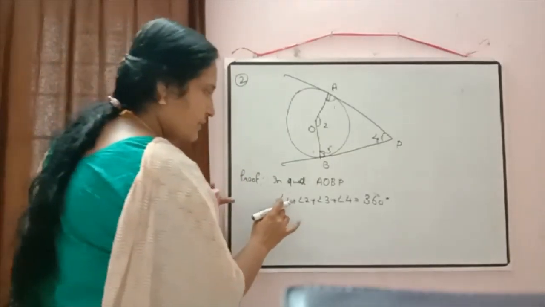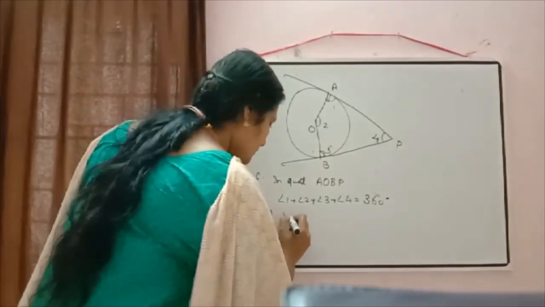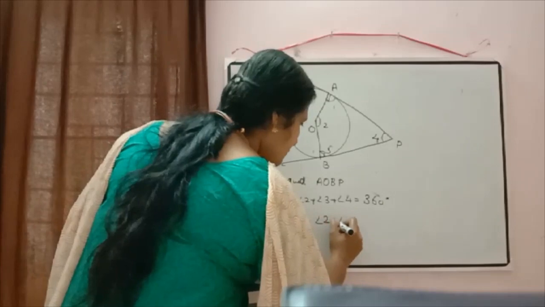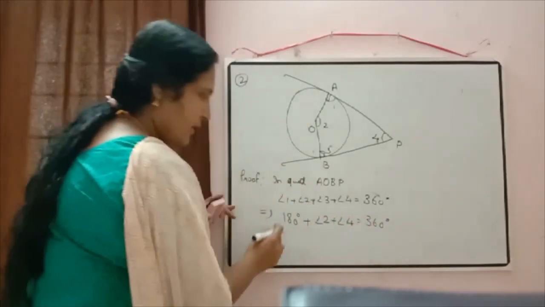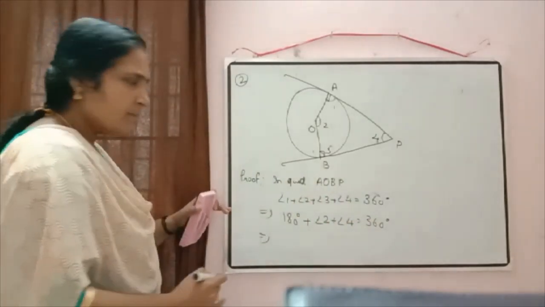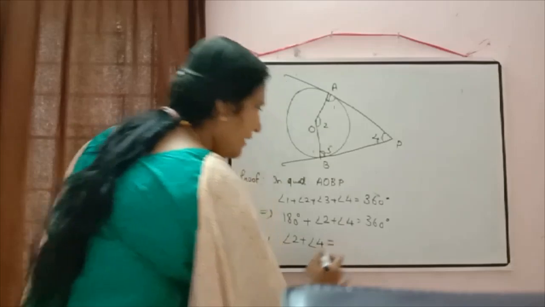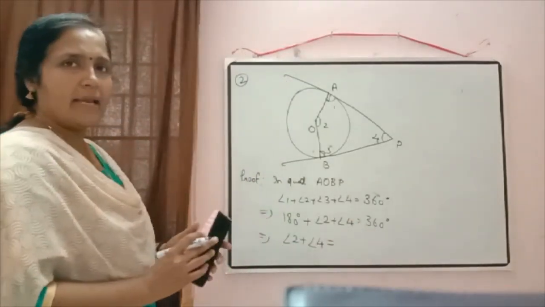Just now we proved angle 1 plus angle 3 is how much? 180 degrees. So in place of that we can write 180 degrees plus angle 2 plus angle 4 is equal to 360 degrees. 180 degrees we can shift to the right hand side. So remaining is angle 2 plus angle 4 is equal to 360 minus 180 degrees.